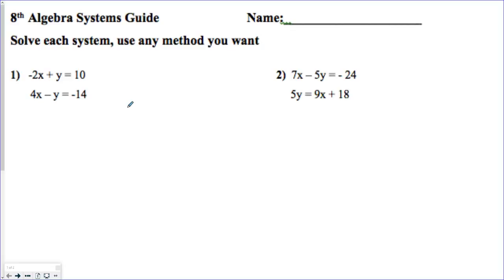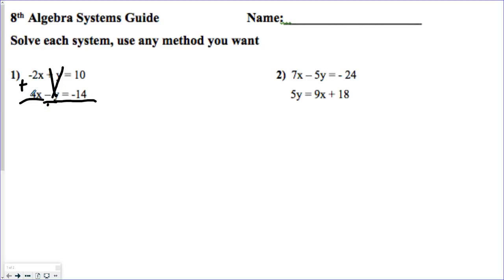So for number one, this one's a nice problem because it's already set up for us. The goal for elimination is that you're going to add the two equations together, and after you add them together, one of the variables should completely go away. So in this case, the y variables will completely go away. Because positive y plus negative y just becomes 0, goes away.